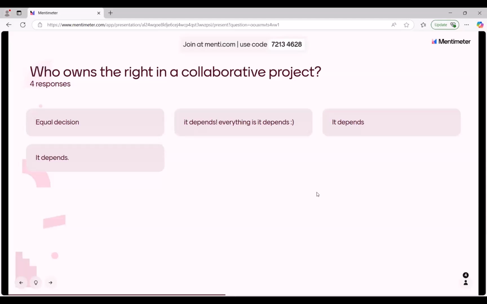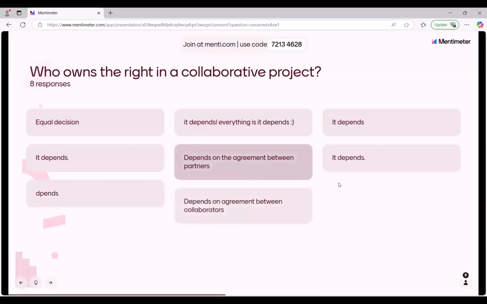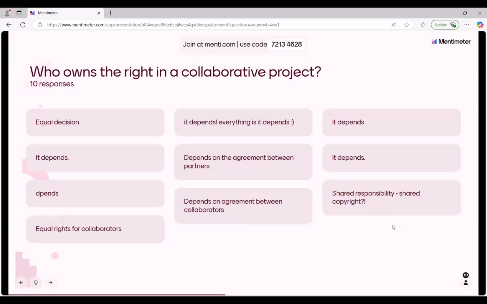Yeah, it depends on the agreement between partners. Shared responsibility, shared copyright. It could be joint copyright ownership. Equal rights, yeah. As a matter of rule, I think equal rights, but it depends on the agreement, what has been decided between them. Thank you very much.